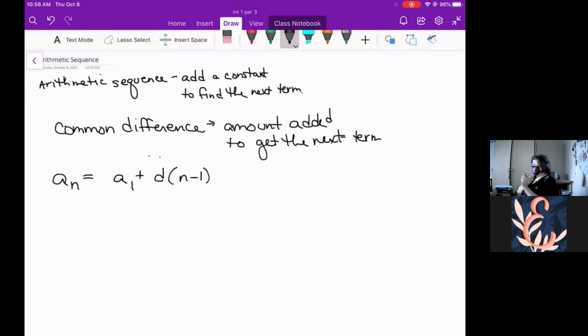Okay, we had an n minus 1 with our ratio, right? Our geometric. So we have an n minus 1 with this one. D is the amount that's being added or subtracted each time. If it's subtracted, it's a negative. A sub 1 is our original.